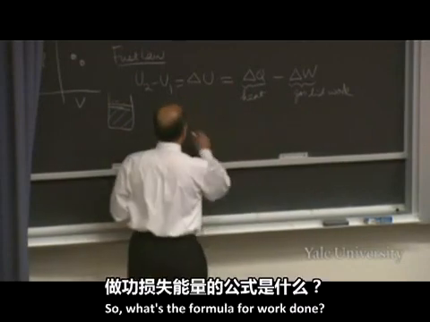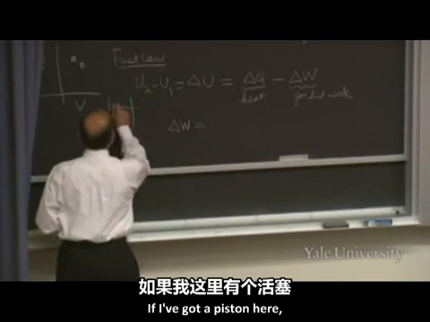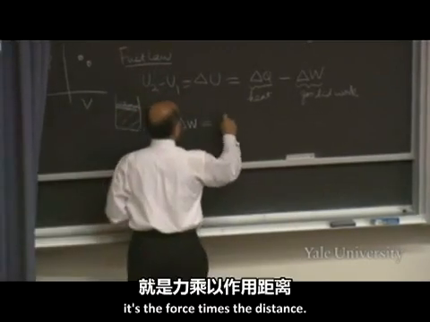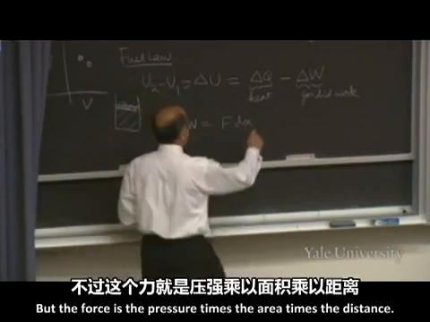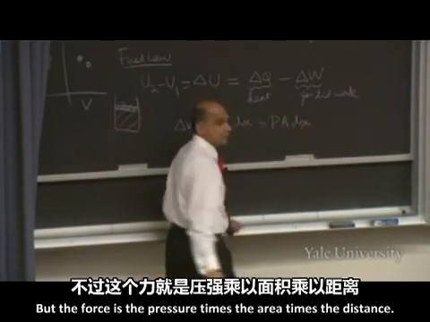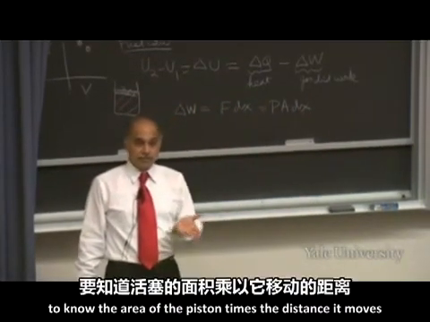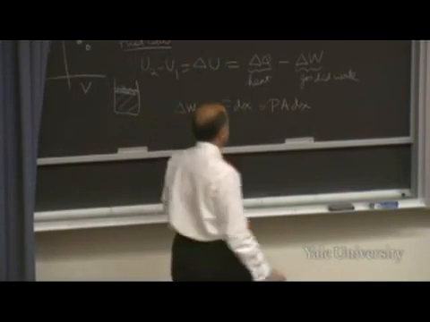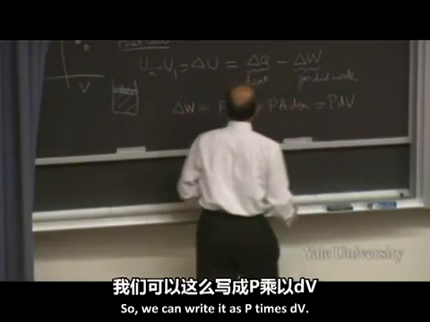So what's the formula for work done? Let's calculate that. If I got a piston here, it's the force times the distance. But the force is the pressure times the area, times the distance. Now you guys should know enough geometry to know the area of the piston times the distance it moves is the change in the volume. So we can write it as P times dV.